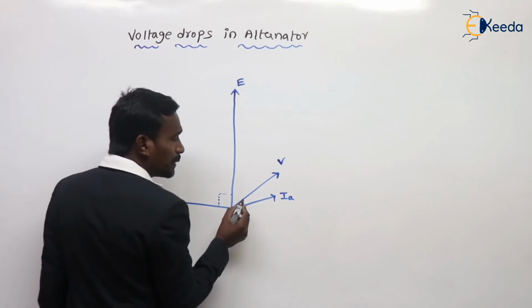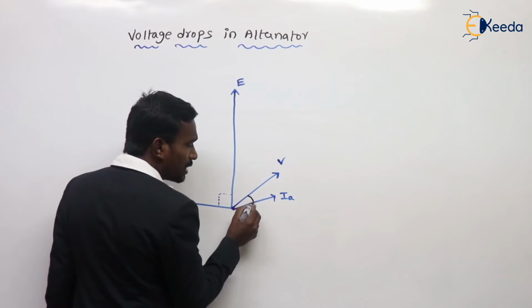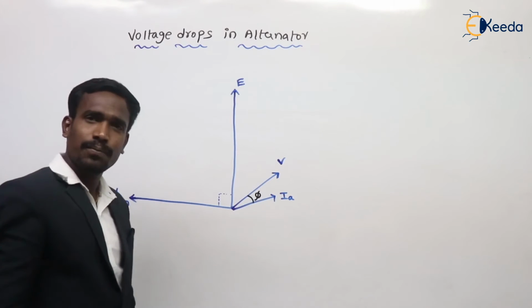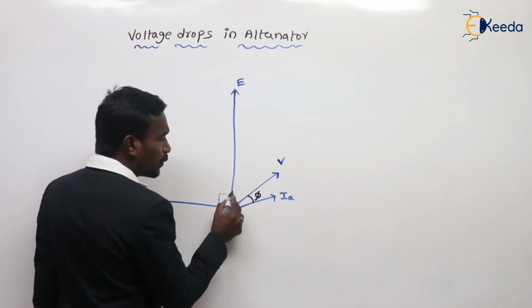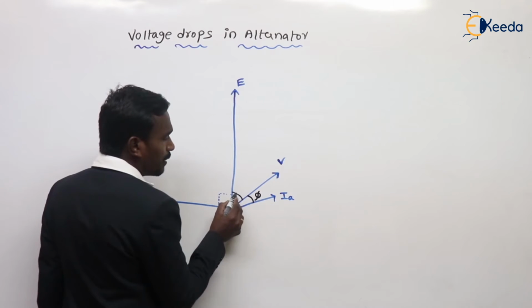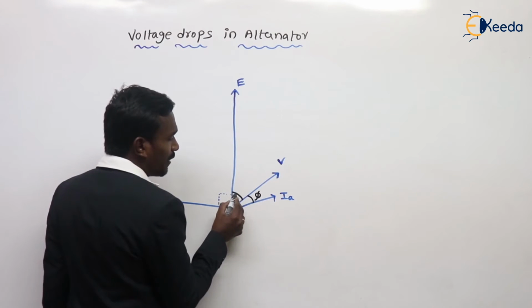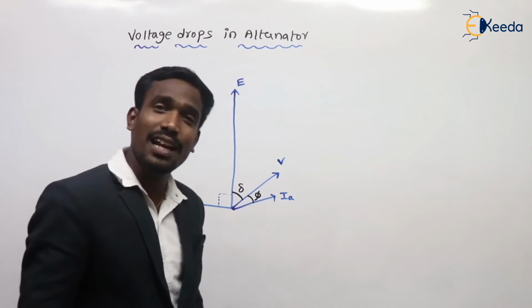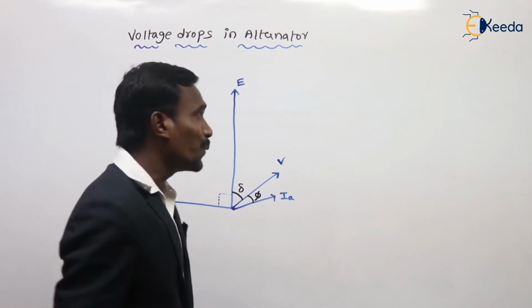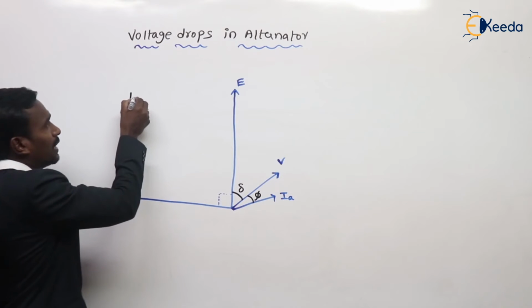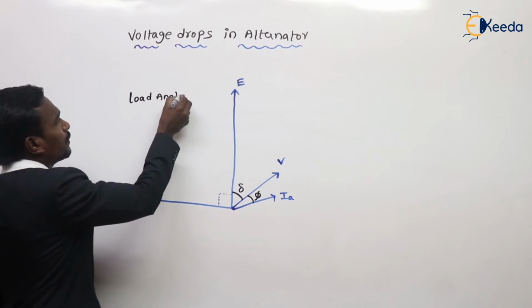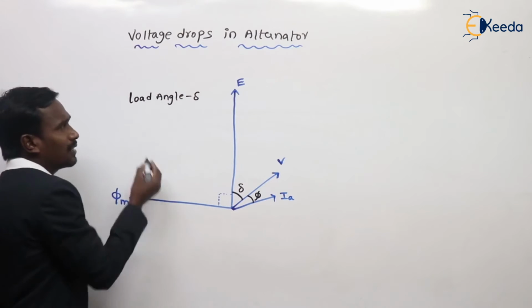The angle between voltage and the current is nothing but power factor angle phi. The angle between induced EMF and the voltage is nothing but load angle delta. Load angle is represented with delta.